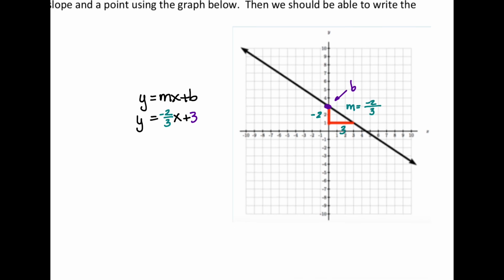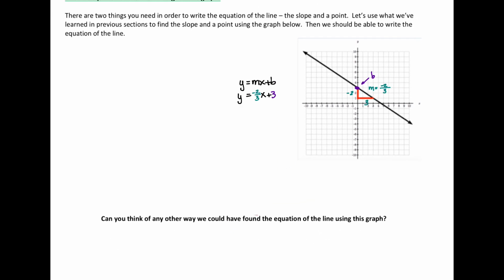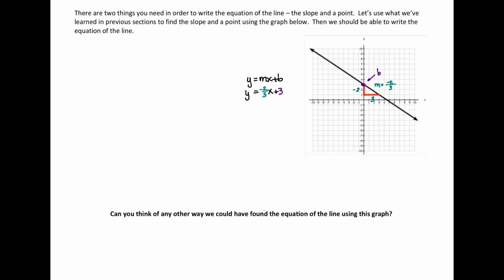So in that case, you'll want to use, like they're asking down here, can you think of any other way? Yeah, we're going to want to use the other formula, which is y minus y1 is equal to m times x minus x1. Find a point on the line.